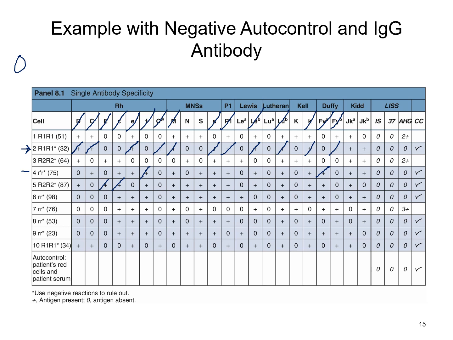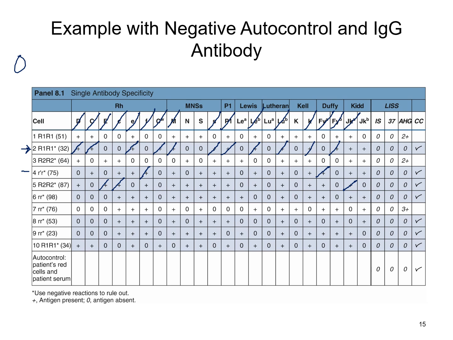Let's keep going. Lutheran, Kell. And JKA, homozygous JKA, so we can now rule out JKA. Our next cell. Alright, so let's see, we're kind of running out of cells we can use.